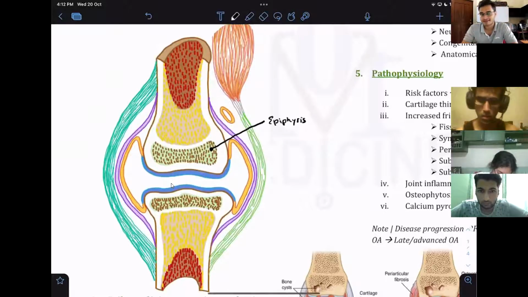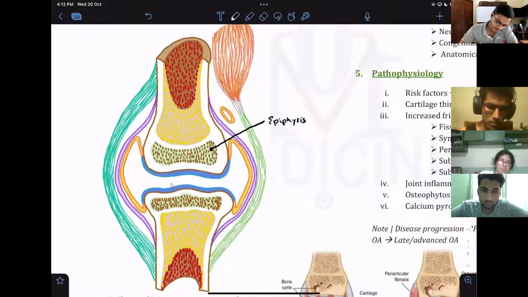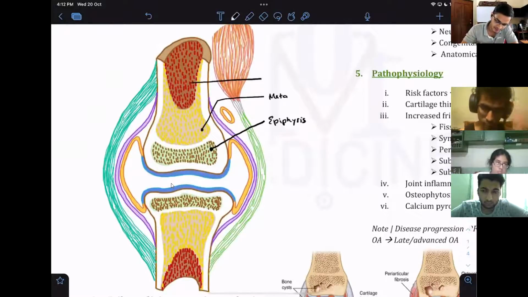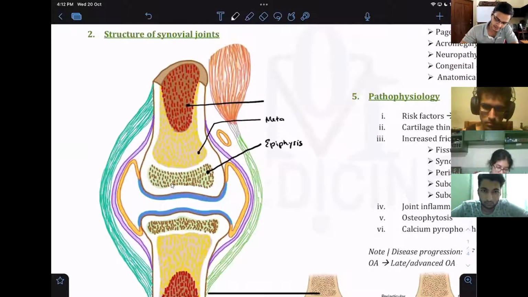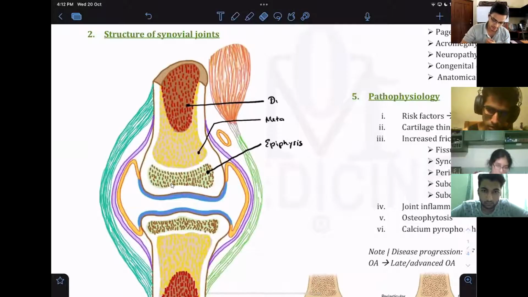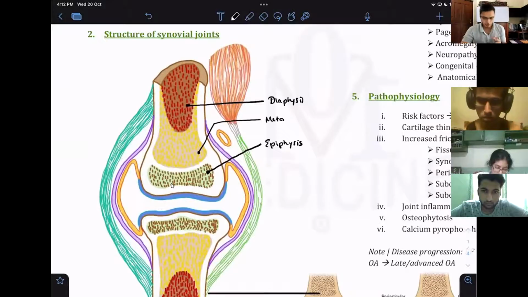Then what is this one? Metaphysis. This is the metaphysis. And this innermost one, towards the middle of the bone, is the diaphysis.